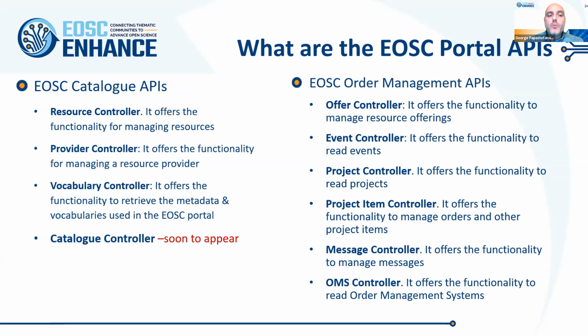So you have controllers, groups of methods, to manage your resources, your organization, and the vocabularies, and soon there will be a controller for providers who act as multi-provider catalogs to manage a group of providers. Also, there are methods to manage your offers, your events, projects created by users in the marketplace and items that are added in these projects, messages and order management systems.